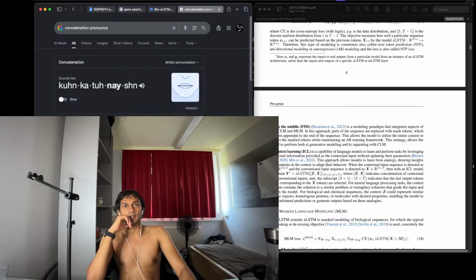The context Z often contains a solution to similar problems or exemplary solutions that guide the input and inform the model. For biological and chemical sequences, the context Z could represent similar genetic regions, homologous proteins, or molecules with desired properties, enabling the model to make informed predictions or generate outputs based on these analogies. Yeah, it's analogies. Okay.